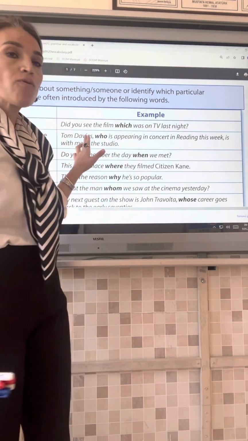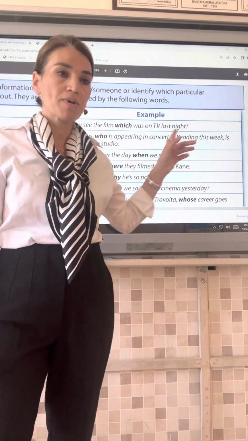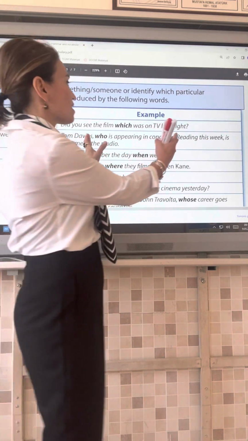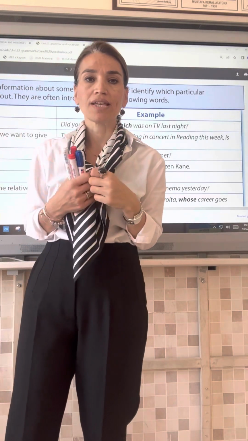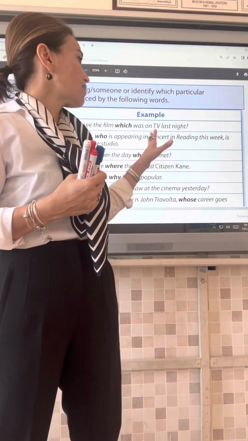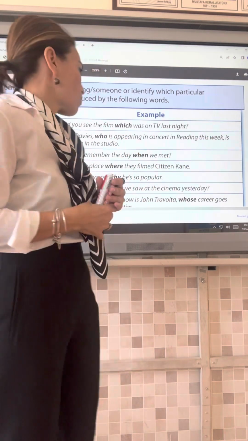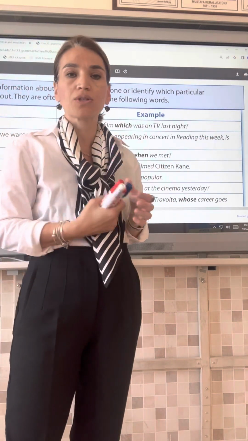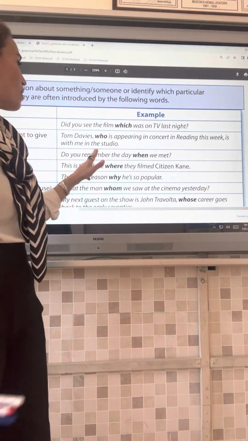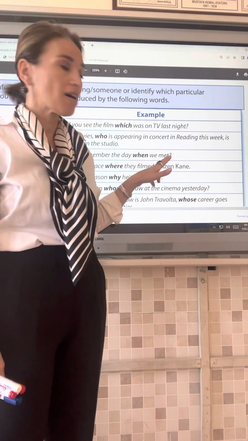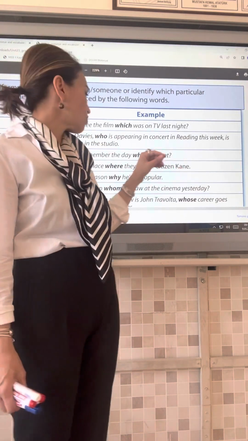So this time we are giving additional information about the person, Tom Davies. While speaking, we need to give this information because it is important for the person we are speaking to. And do you remember the day when we met? It is a time, and for times we use when, okay?